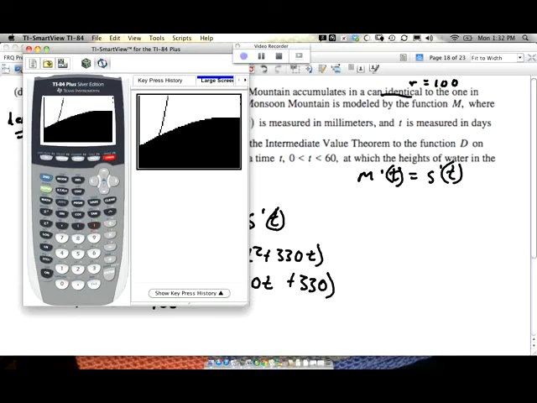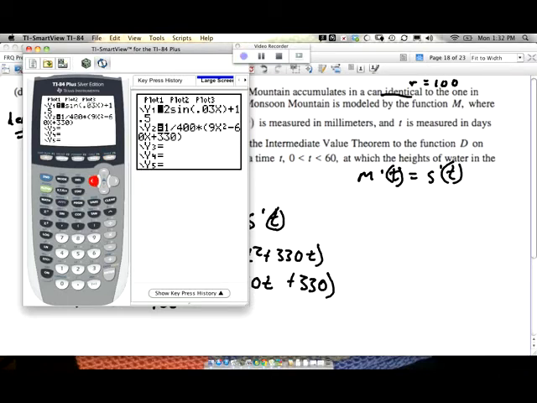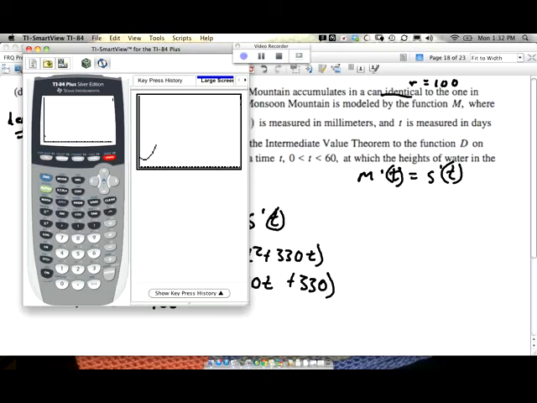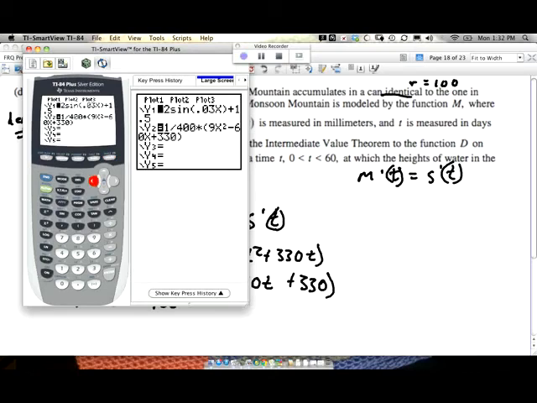Let's go to our graph. Is there any time where these two functions equal each other? It's kind of hard to see, but let's turn off the first graph and turn it back on so we can see it without that area calculation in there.